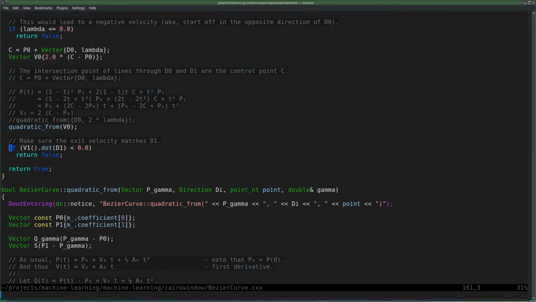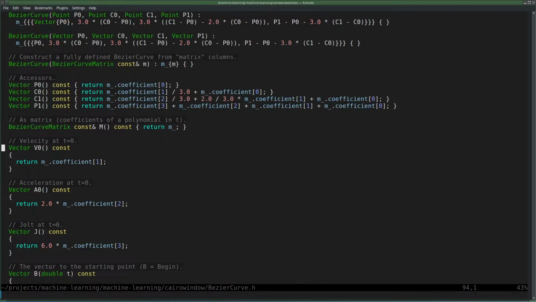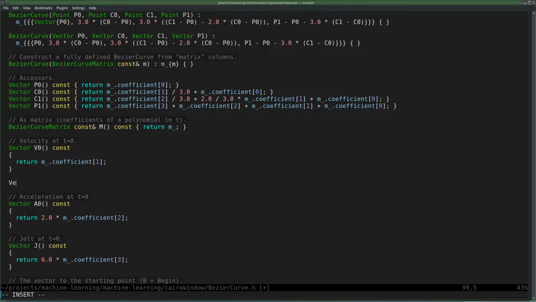Oh, no, I don't have V1. Well, now it starts to get interesting because I'm using it here. Maybe I should just add a V1. That's a velocity at P1. At least that was my intention. So I have velocity at V0, but might as well add velocity at V1.